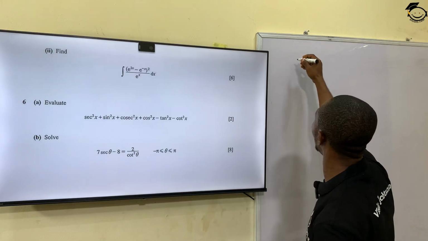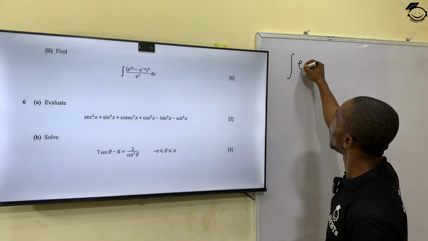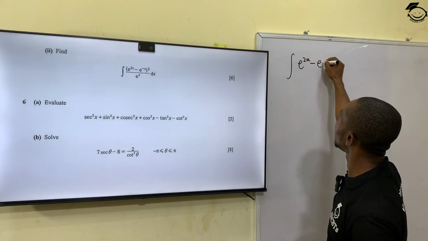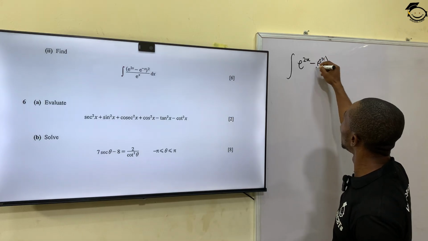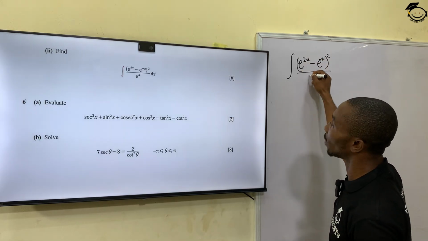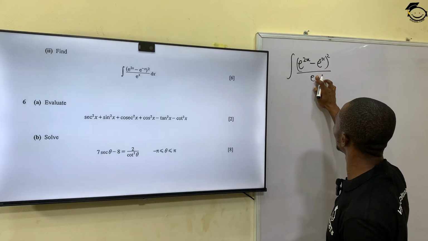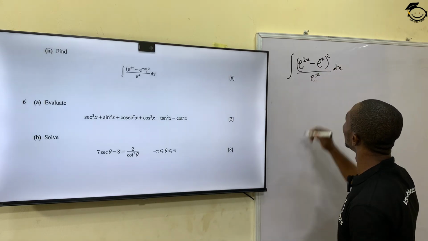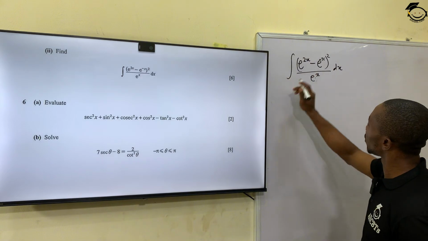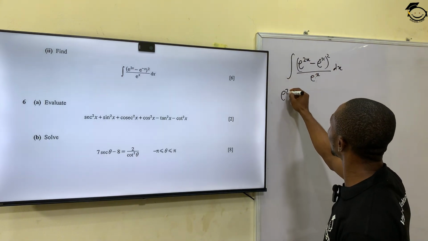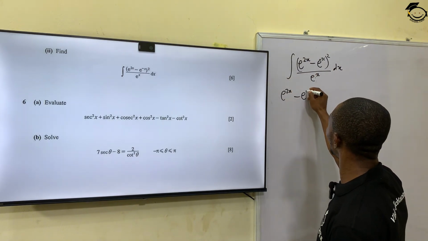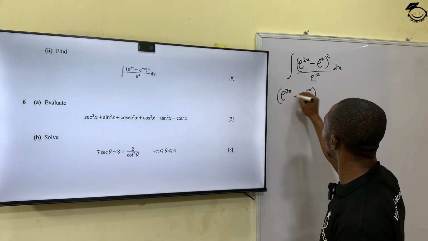Find the integral of (e^2x minus e^minus x) all squared, all over e raised to power x, dx. Now, let's first of all expand this. If we expand this, we have e^2x minus e^minus x, all squared.